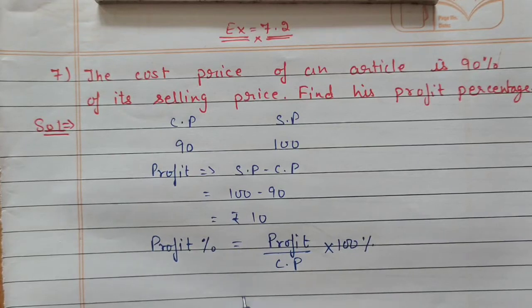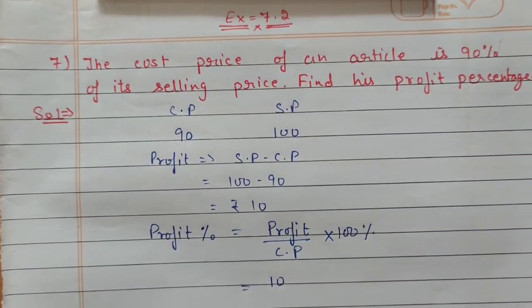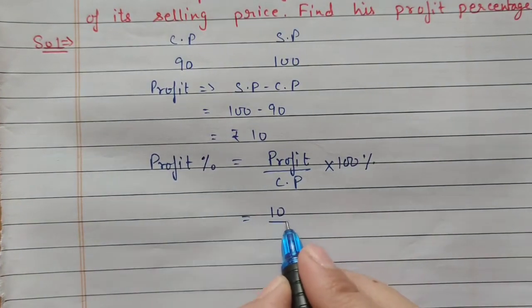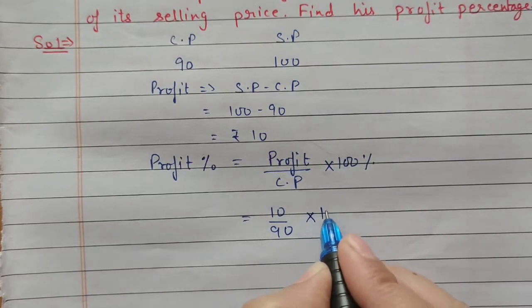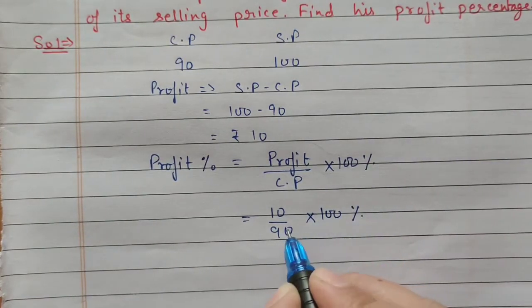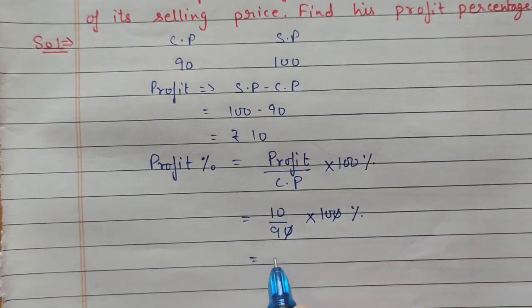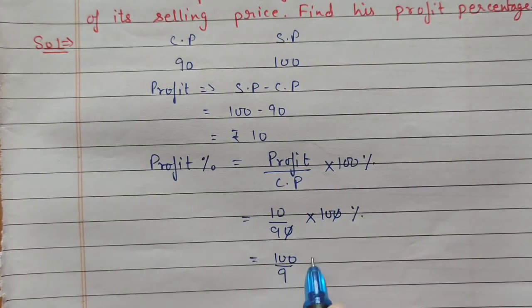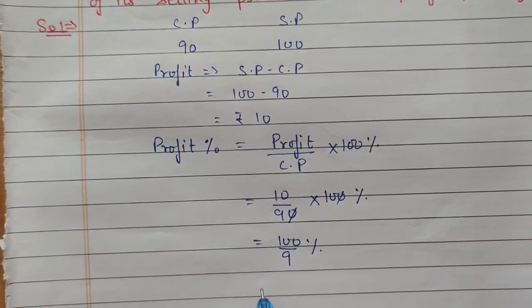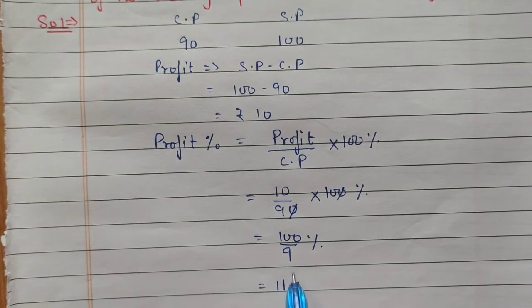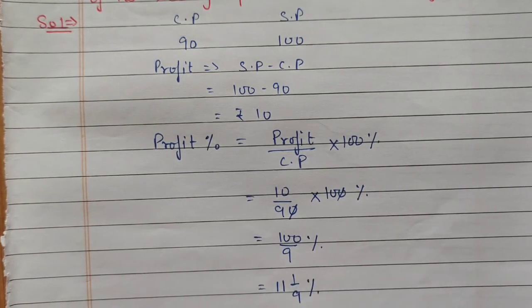So profit is 10 rupees and cost price is 90 rupees. Multiply by 100%. So 10 we can cancel out and we will get 100 by 9%, which means 11 and 1 by 9%.